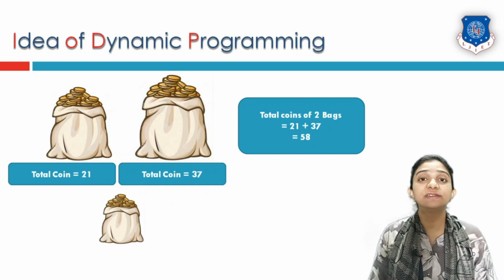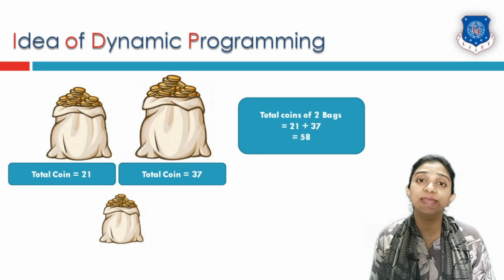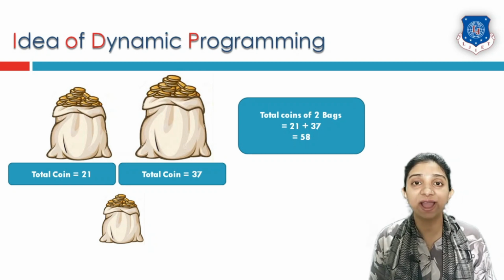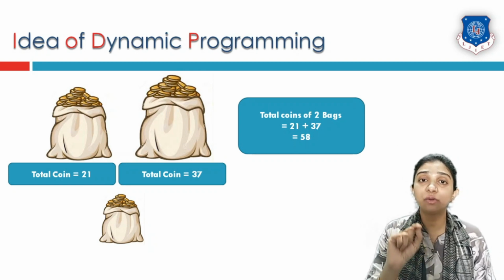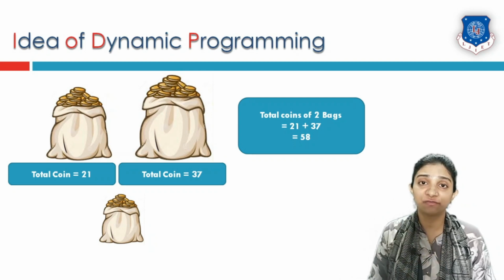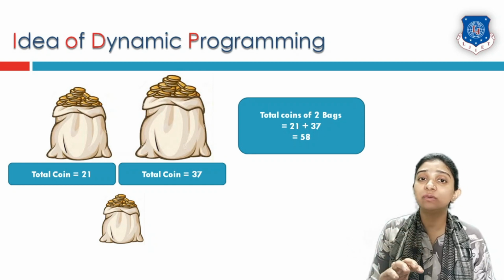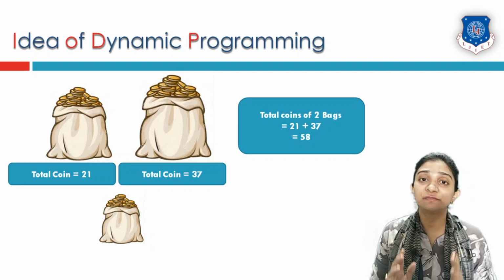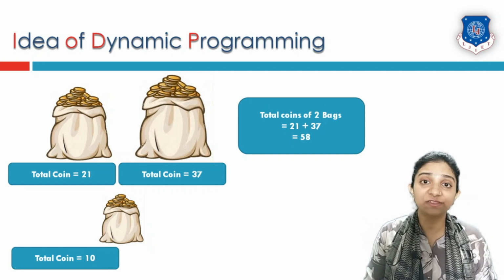Now let us consider if I give you a third bag of coins and ask you to calculate how many coins are there in total in three bags. For that we are not going to start counting coins right from the first bag. We have the total of the first bag. We also have the total of the second bag. We will only count the coins of the third bag. Now once we have the answer for the third bag, we will add previously calculated answers.